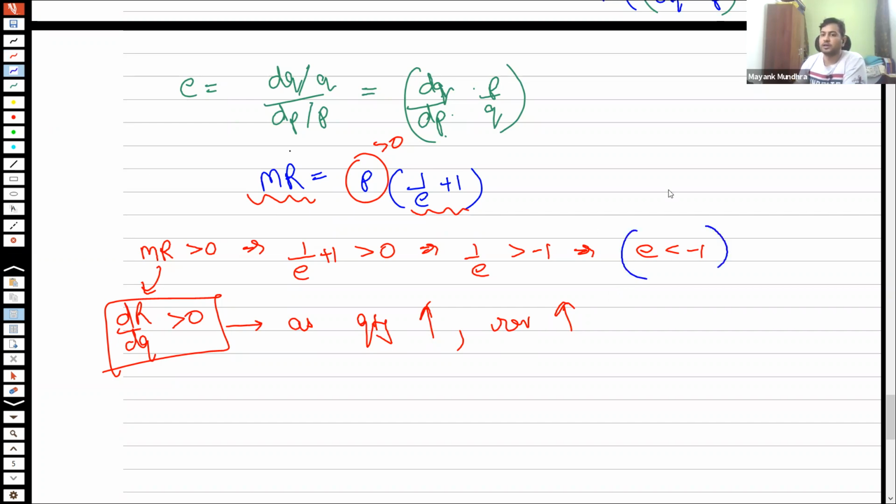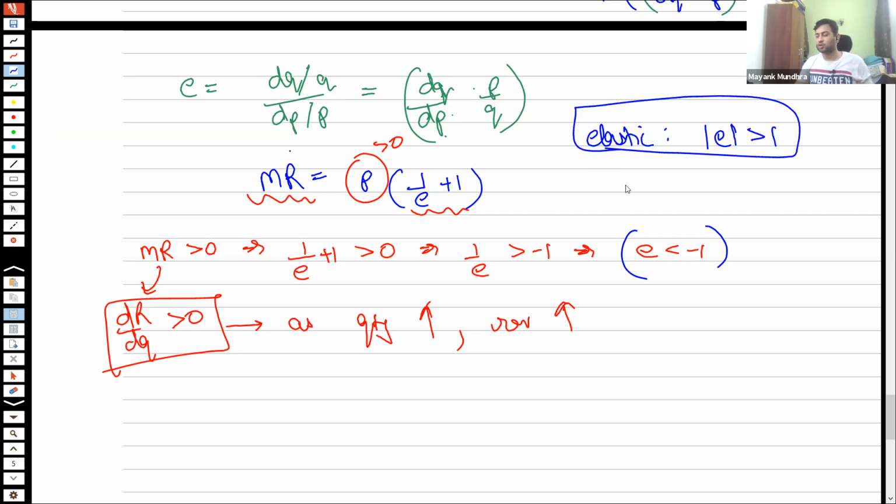Now, E less than minus 1, is this elastic or inelastic? Think about it and tell me. Basically, elastic demand is when mod of E is greater than 1.